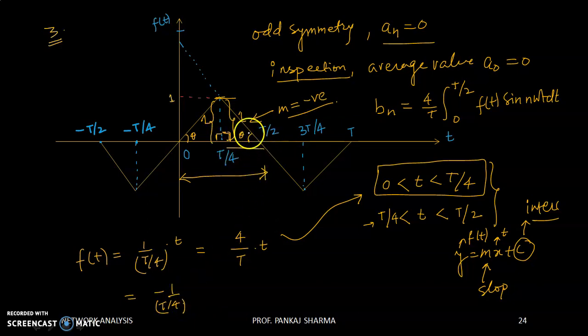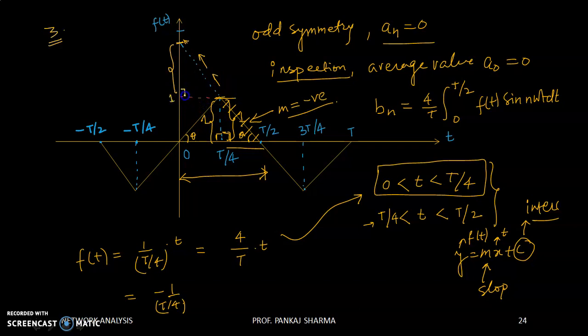And you have an intercept also. For this graph we have an intercept also. Where is the intercept? This is the intercept. If we extrapolate this graph, it will go on and cut here. So what is this value? Let us calculate this value. This is your symmetrical graph.